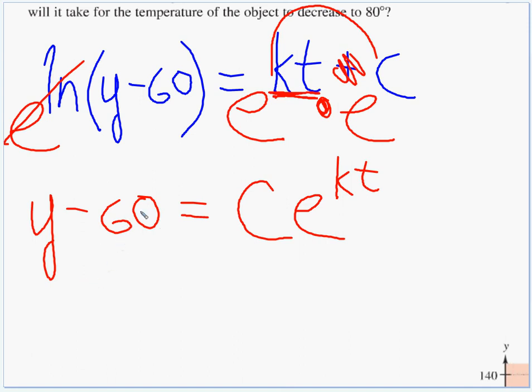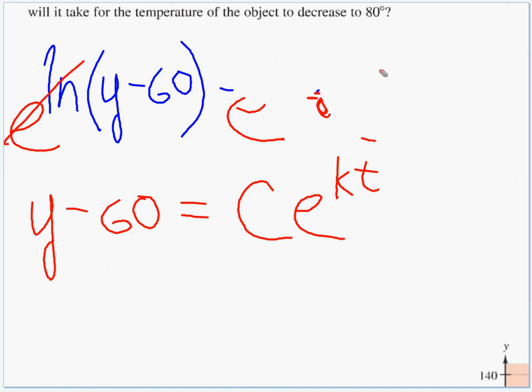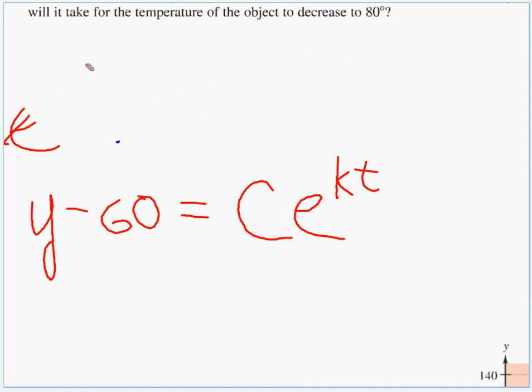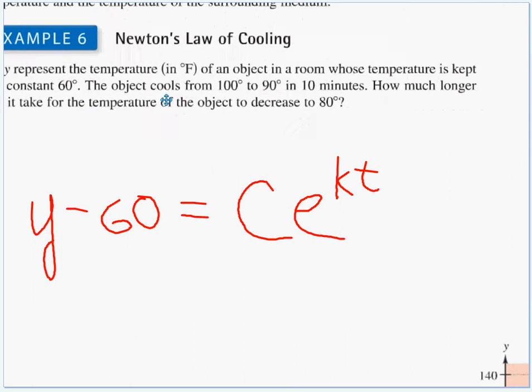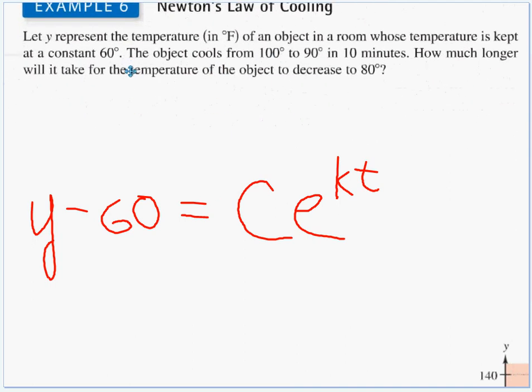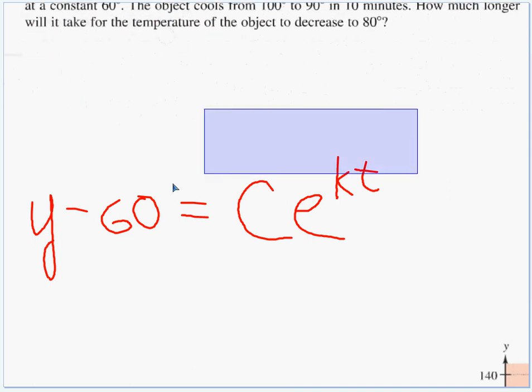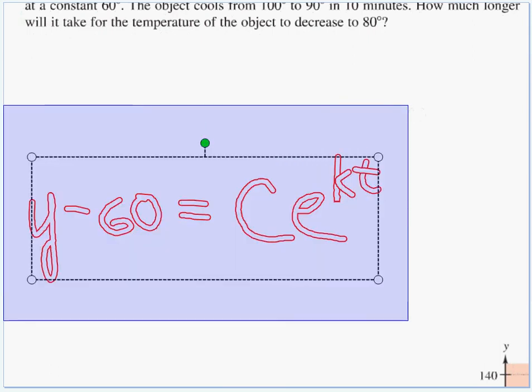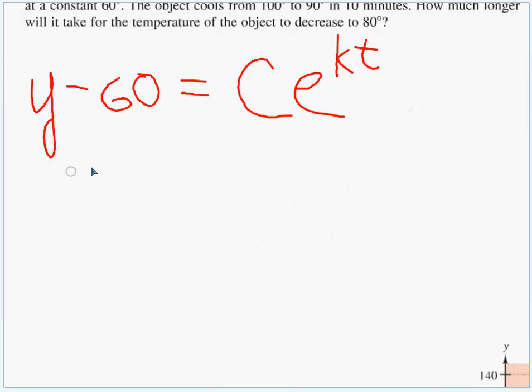At this point, I guess we can use our initial condition. At time 0, I believe it was 100 degrees. Yeah, we pull it out. It's 100 degrees. So 0, comma 100 is our initial point. So we're going to use the point 0, 100.